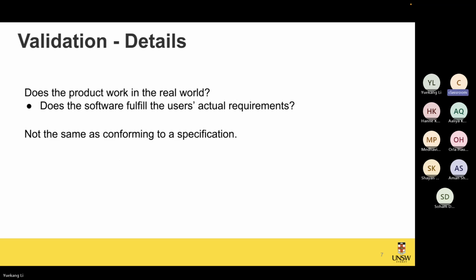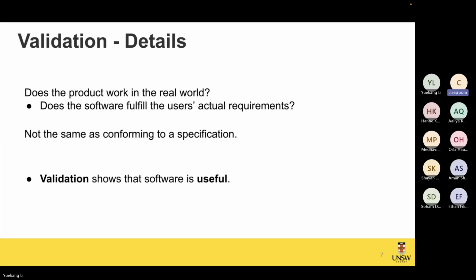The actual requirements from the users may not be the same as the design specifications used for verification. So validation can help us show that this software is useful, but it may not show that it is correct against some specifications. And verification shows that it's dependable and correct.